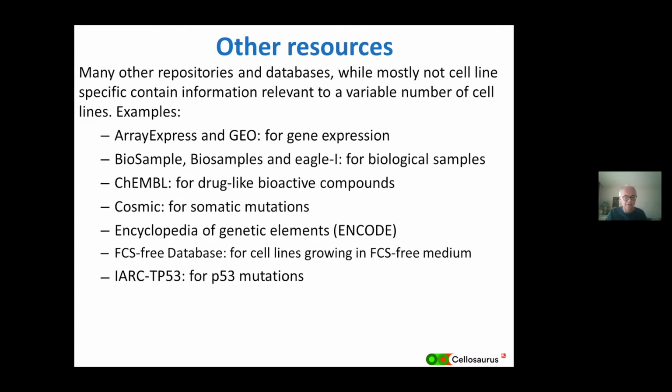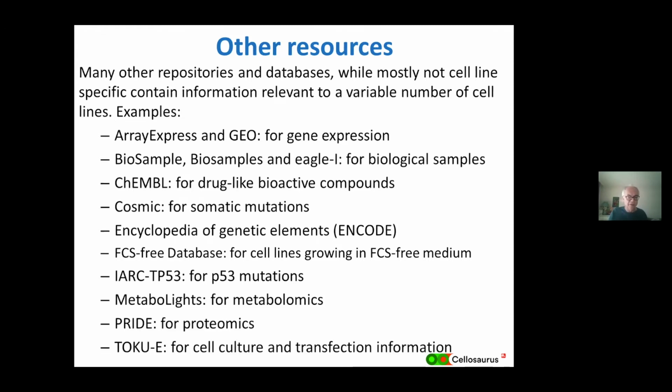Also the IARC TP53 database, which has information on all types of p53 mutation, MetaboLights for metabolomics, PRIDE for proteomics, and so on. I'm not describing all of them. I only put here a few of them, knowing that there are probably hundreds of those resources, and some have information on only a few cell lines, and some have information on many samples coming from cell lines.